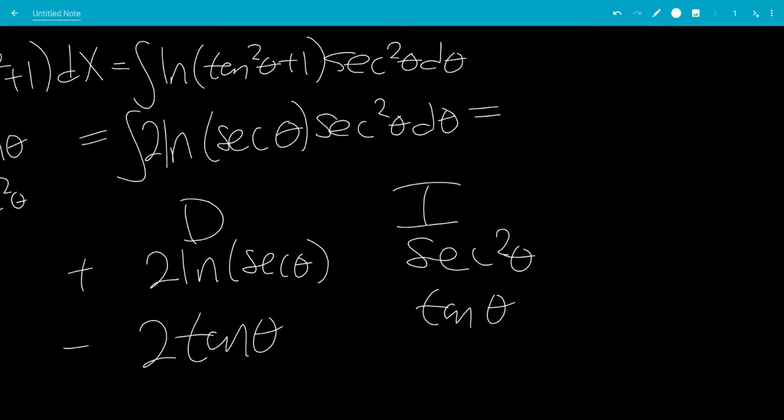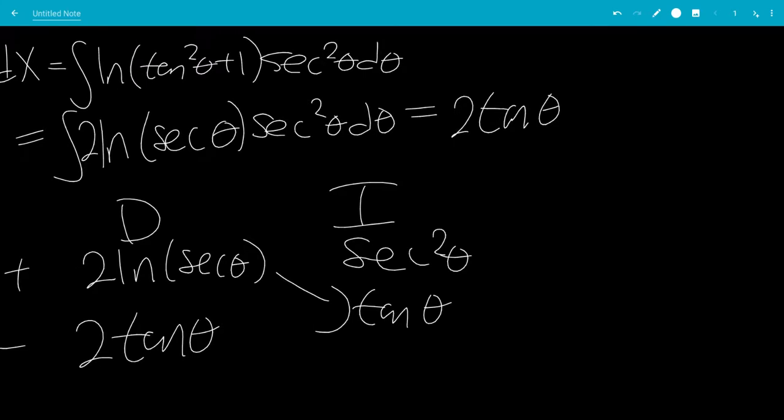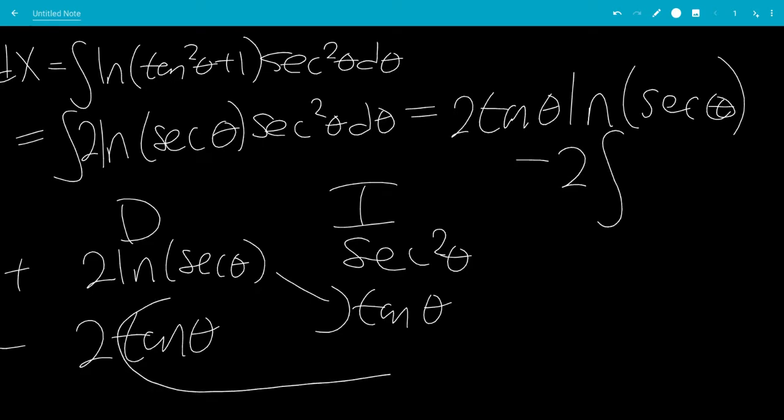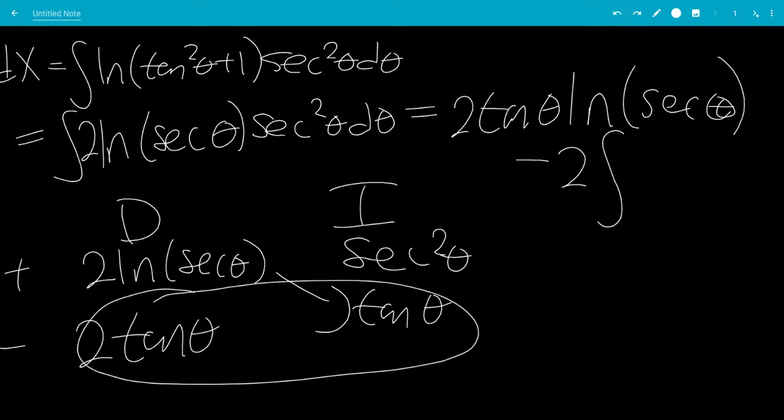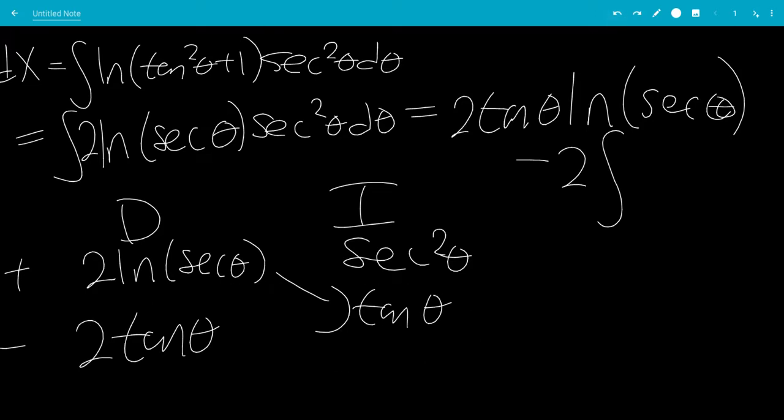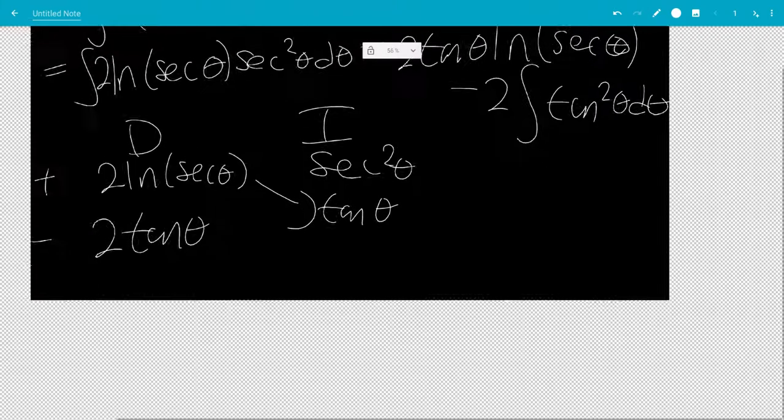So this integral equals this term times this term, as I draw the arrow. So it'll be 2 tangent theta times natural log of secant theta. And then we have minus 2 integral of these combined. So it'll be 2 integral of tangent squared theta d theta.